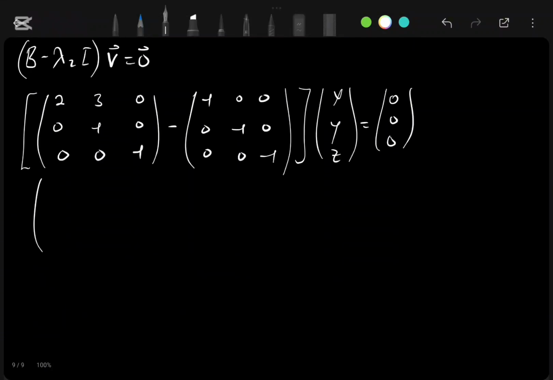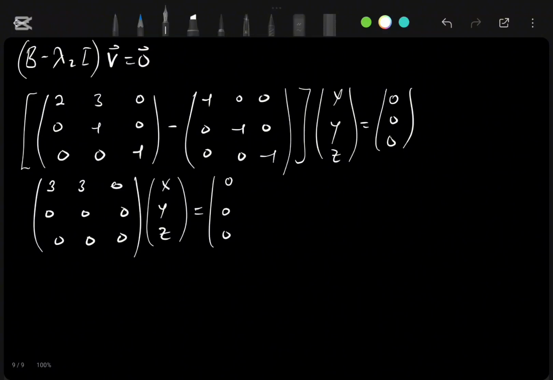Simplifying will give us the matrix with first row 3, 3, 0 and all other entries 0, multiplied by our x, y, and z, equal to 0, 0, 0.